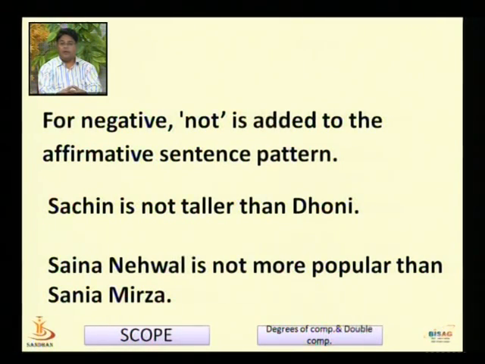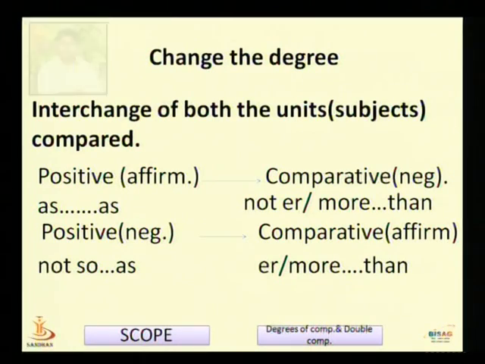Now if we remove not from the sentence, it becomes an example of comparative affirmative. So when we use not immediately after an auxiliary verb, it becomes a negative sentence. Saina Nehwal is not more popular than Sania Mirza. Change the degree.